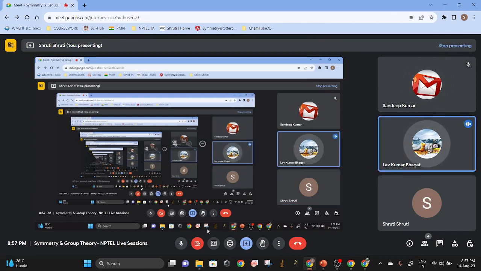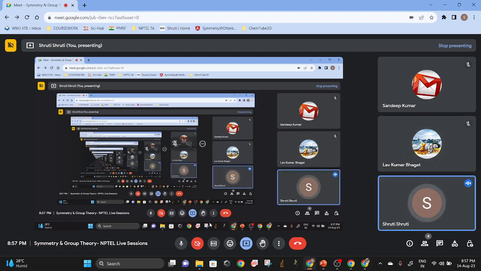Ma'am, I have a small question. What is the difference between a group multiplication table and a character table? Character table, I cannot explain right now what it is. Multiplication table I can tell: it is derived from the mathematical point of view of group theory, so you can apply it for any group, not only the symmetry group.